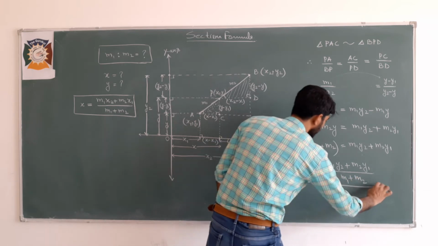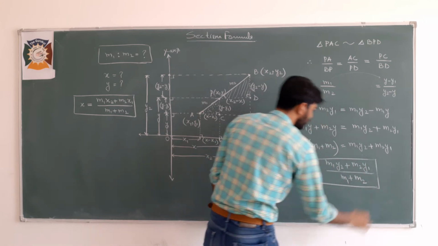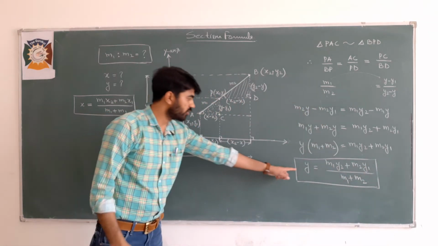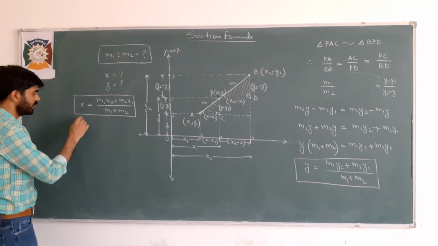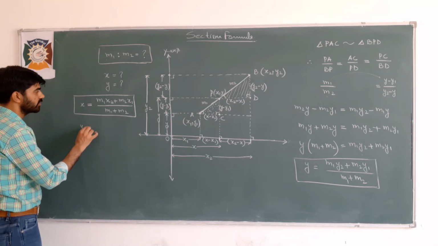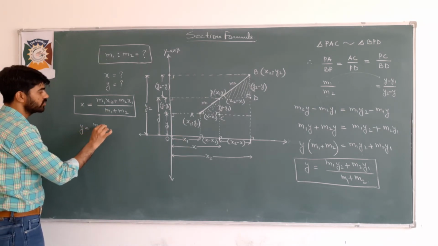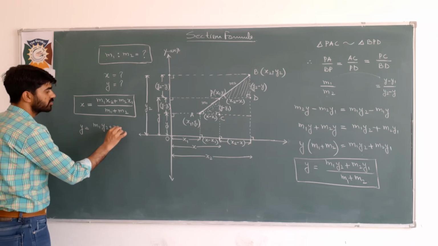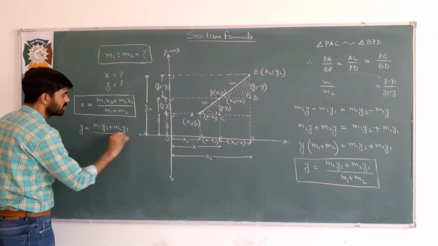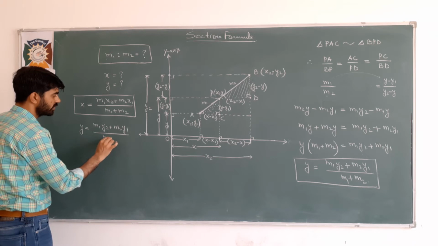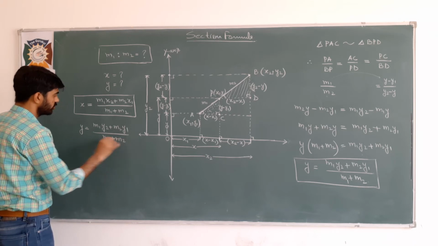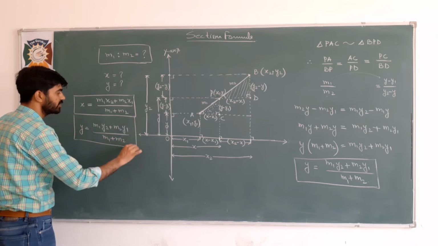So this is y coordinate of point P. So for y coordinate of point P, y is equal to m1 y2 plus m2 y1 upon m1 plus m2. This is y coordinate of point P.